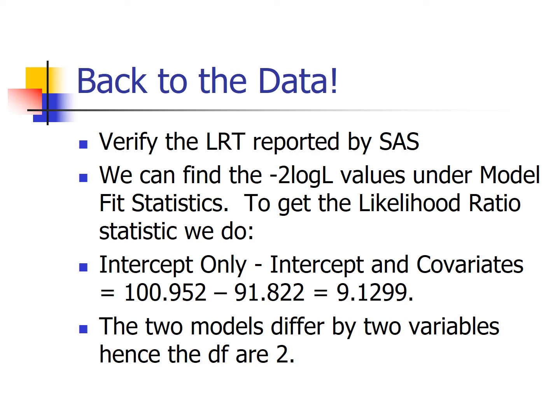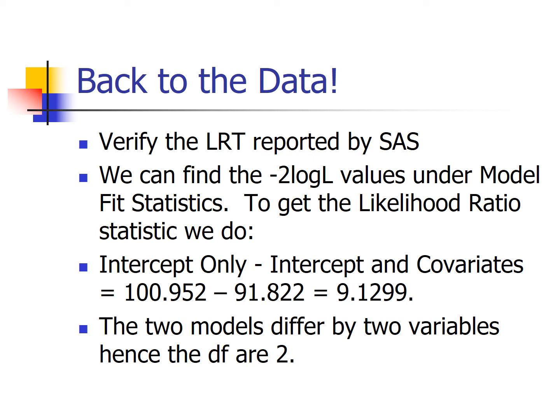There are two of those: an intercept only and an intercept and covariates. The intercept and covariates is the likelihood ratio using all our variables. The intercept only is the one that uses none of our variables. The difference between those two is 9.1299, which is what's reported in the global test statistics. So go back to the output and see that for yourself.